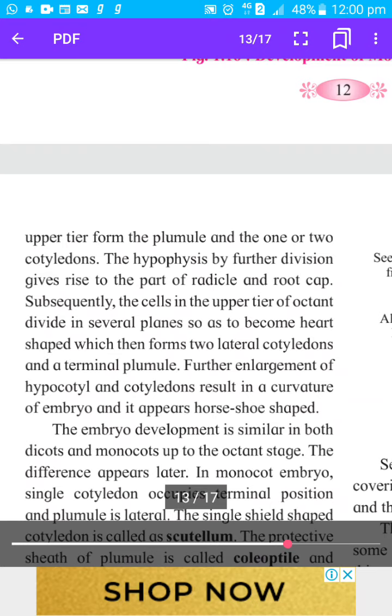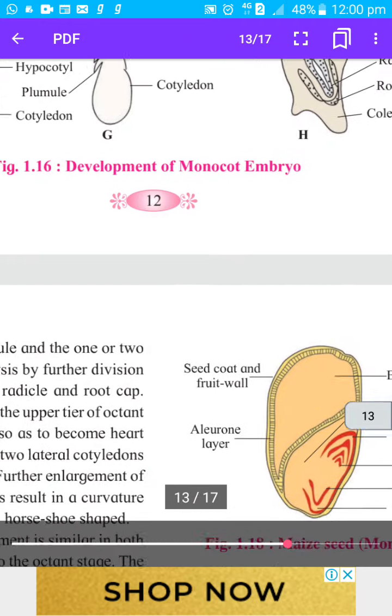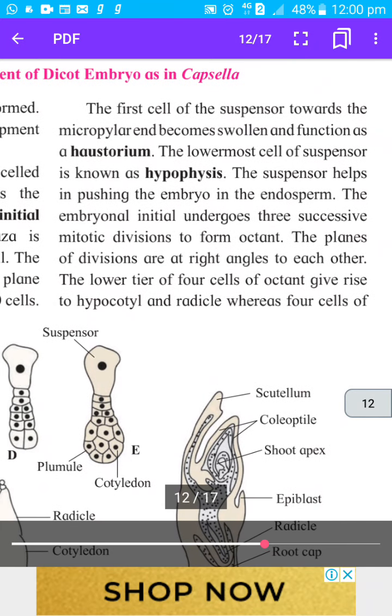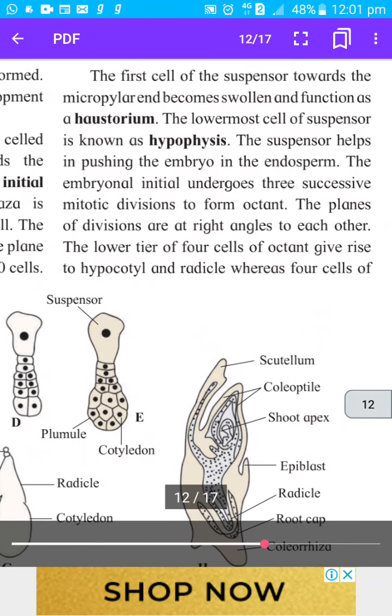Plumule will afterward develop as a stem. Initially plumule comes out of the soil, above the ground. It will develop some small leaves, and later on it will develop as a stem. Cotyledons will be developed along with the plumule, and the lower tier of the 4 cells gives rise to hypocotyl and radicle.